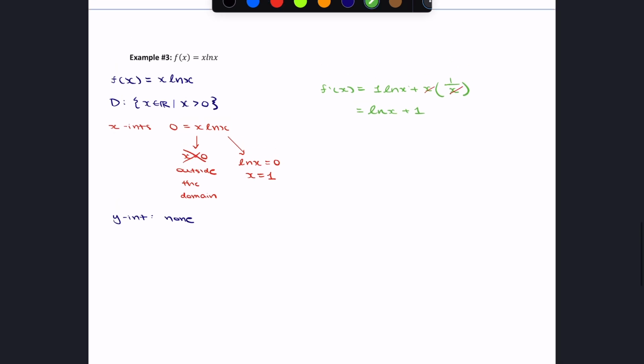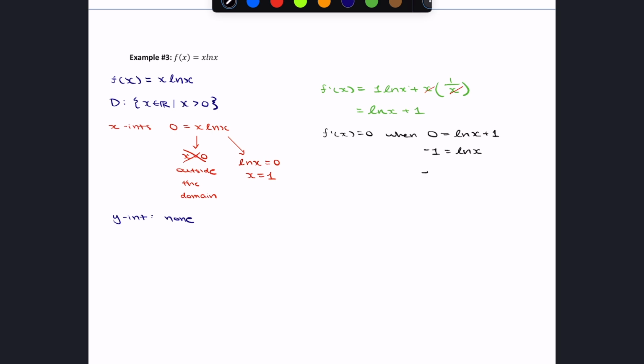And so here we see that f prime of x is equal to 0 when, if we make it equal to 0, we have negative 1 is equal to ln x.